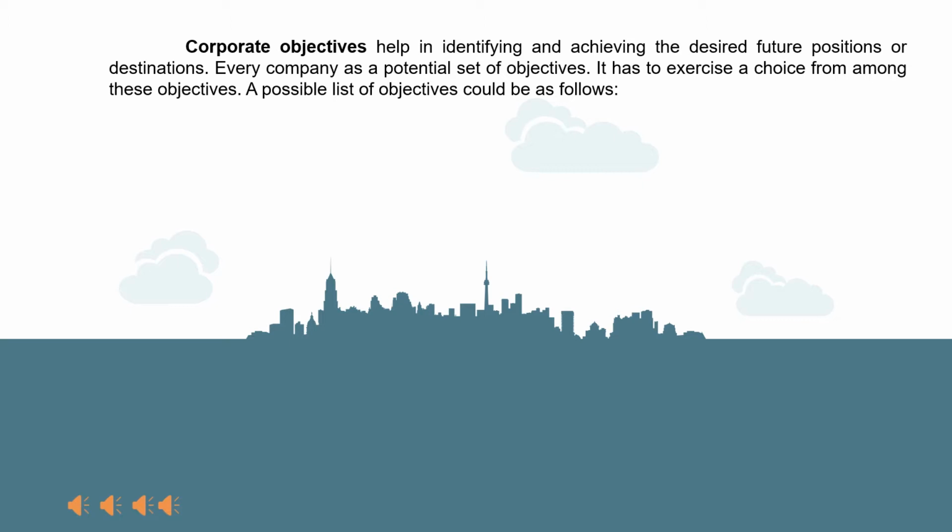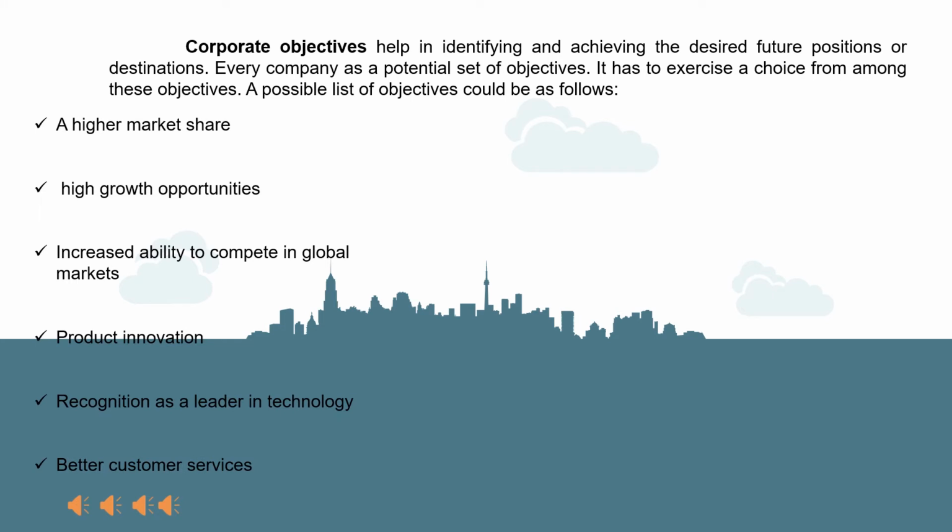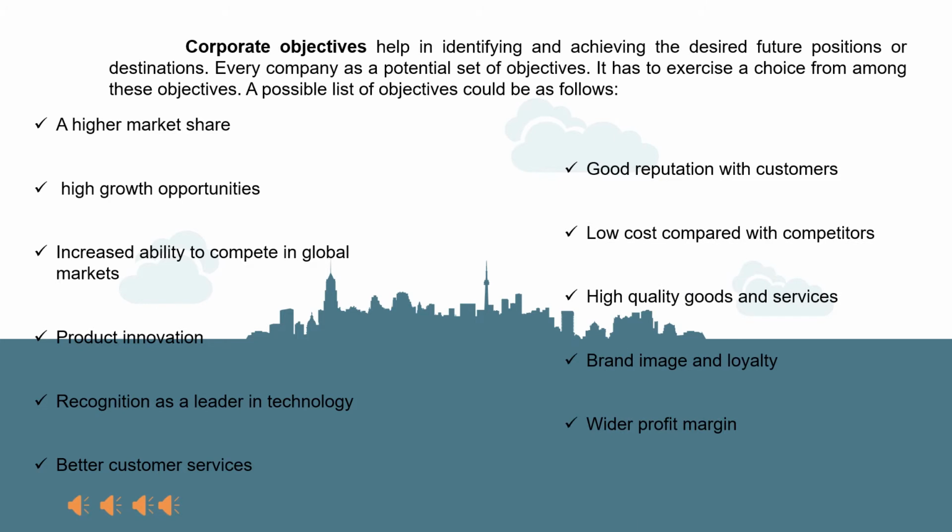A possible list of objectives could be as follows: a higher market share, high growth opportunities, increased ability to compete in global markets, product innovation, recognition as a leader in technology, better customer service, good reputation with customers, low cost compared with competitors, high quality goods and services, brand image and loyalty, wider profit margin.